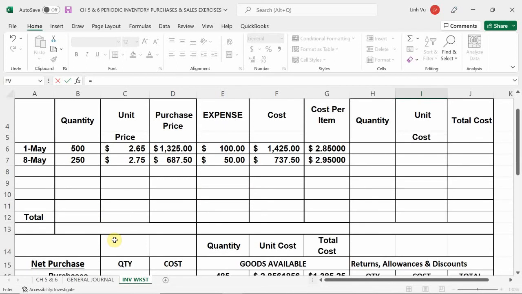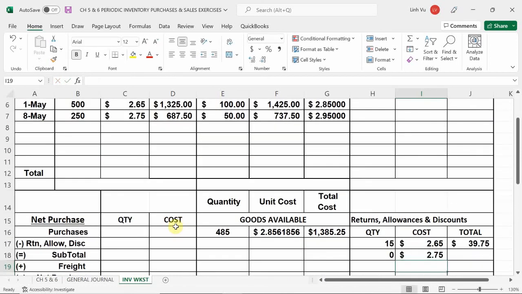Would it be the 8th? The 8th, right? Usually, the rule of inventory is that as soon as you receive the inventory, your job is to open up every single box to ensure that it's the correct items, and so on and so forth. So in this case, I just received the item. It's going to be the most recent one at $2.75.